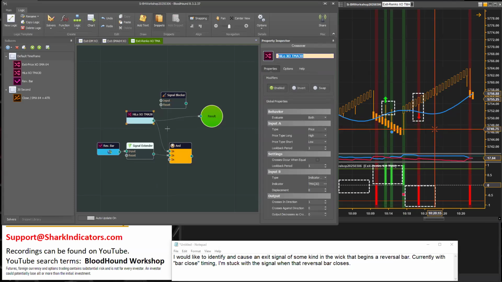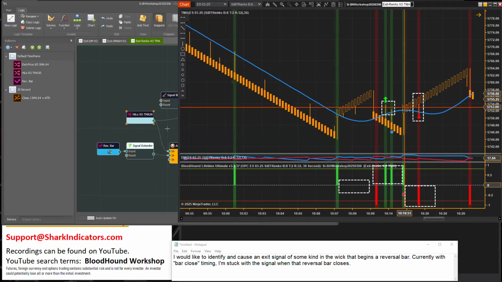And so when we get an actual reversal bar, it's a long output, which is the opposite of what we're trying to block. And that is why the signal blocker doesn't work in this specific situation here.